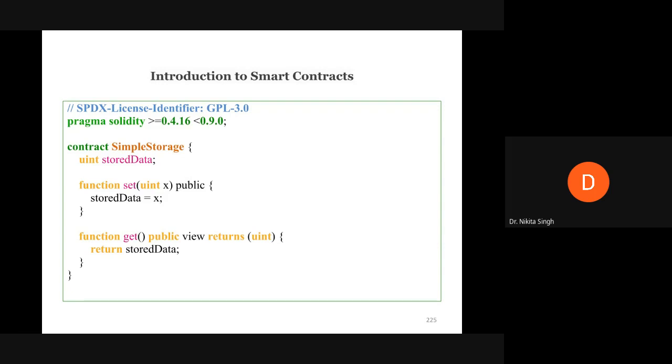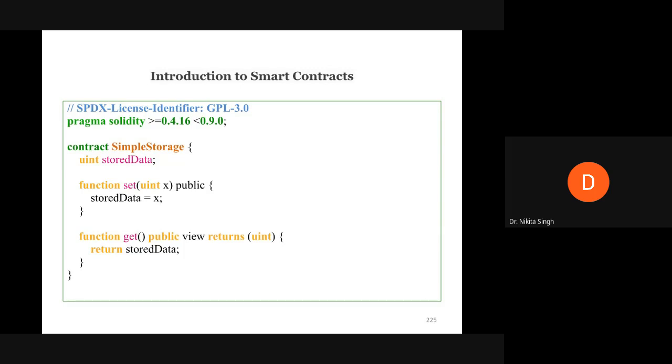smart contracts. So this here is a simple basic source file of Solidity. If you look at this here, the first line says that the source code is licensed under the GPL version 3.0.